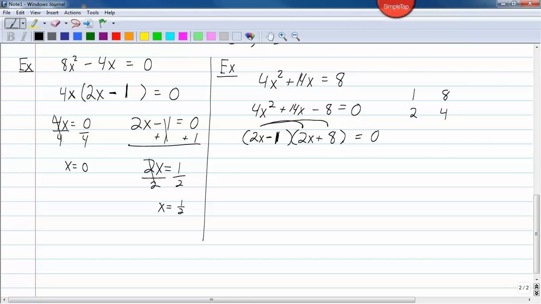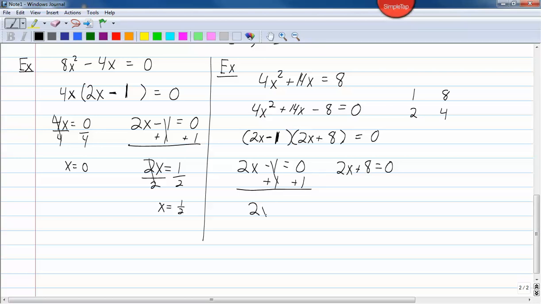Now once you know it's factored correctly, and the way you figure that out is you multiply it back out, then you set each factor equal to 0 and solve. So you say 2x minus 1 equals 0 and 2x plus 8 equals 0, and solve each equation.